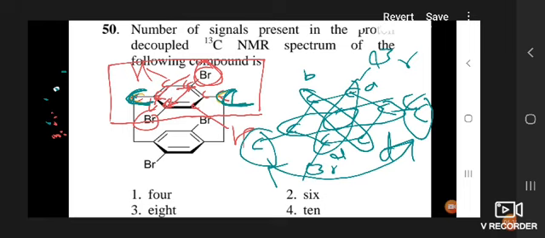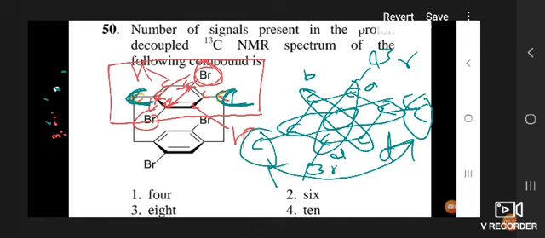Now, to solve this problem, whenever a question is asked about the number of H1 NMR signals or the number of C13 NMR signals, what you have to do is use the concept of symmetry. That means you have to add a plane of symmetry and bisect the molecule into possible parts. Out of the different parts, you select only one part.